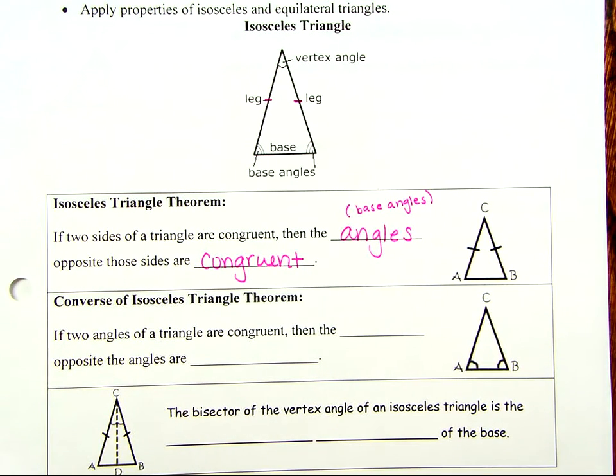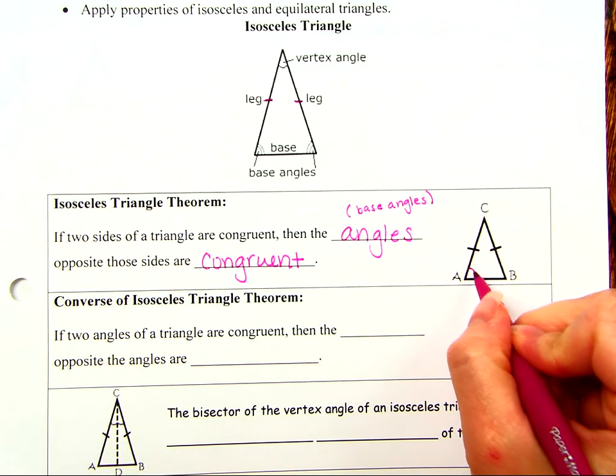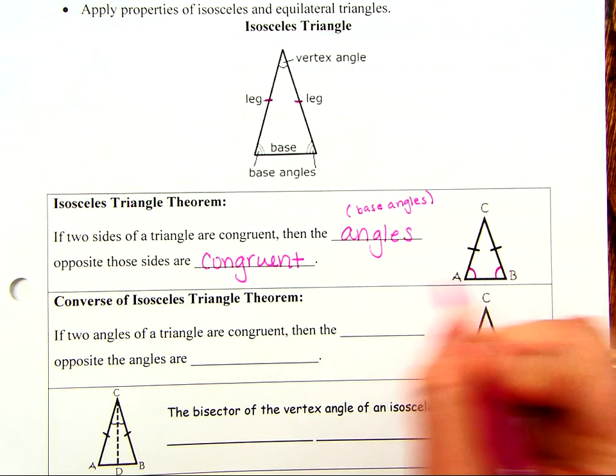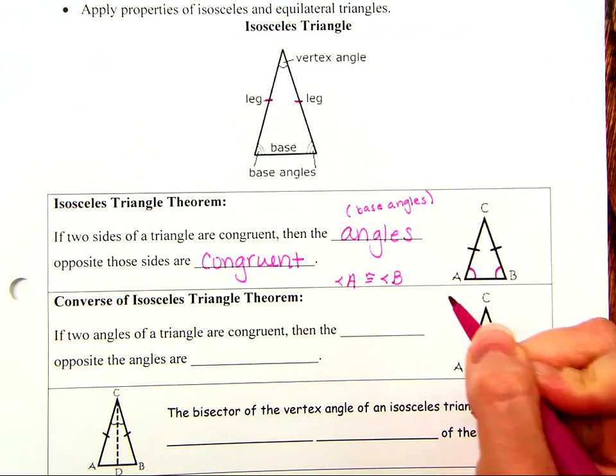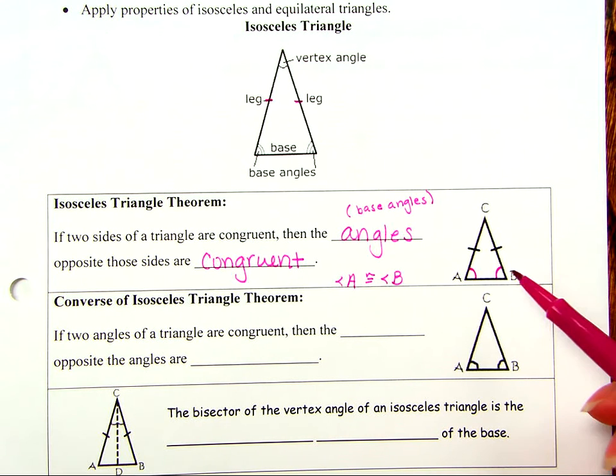So as I look at my picture, my two base angles would be angle A and angle B. So angle A would have to be congruent to angle B because I know that my side AC and my side BC are congruent.